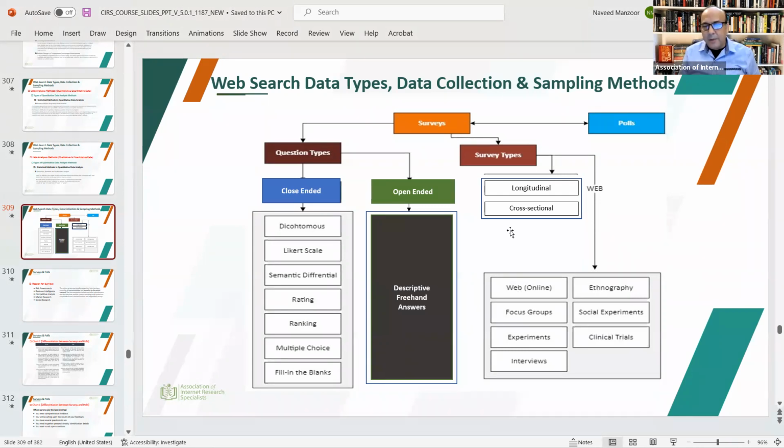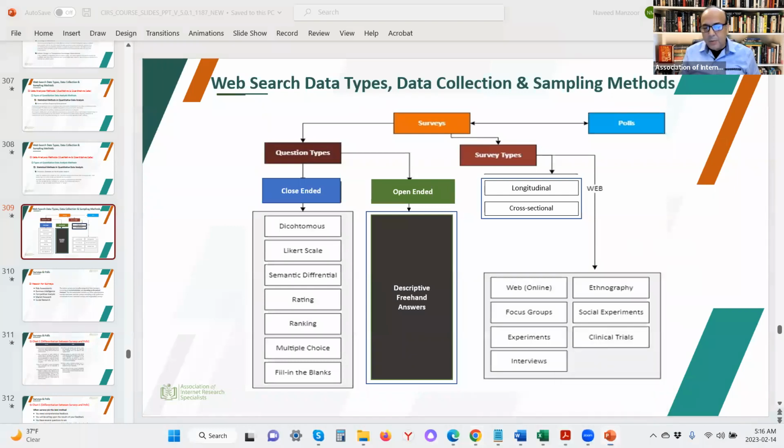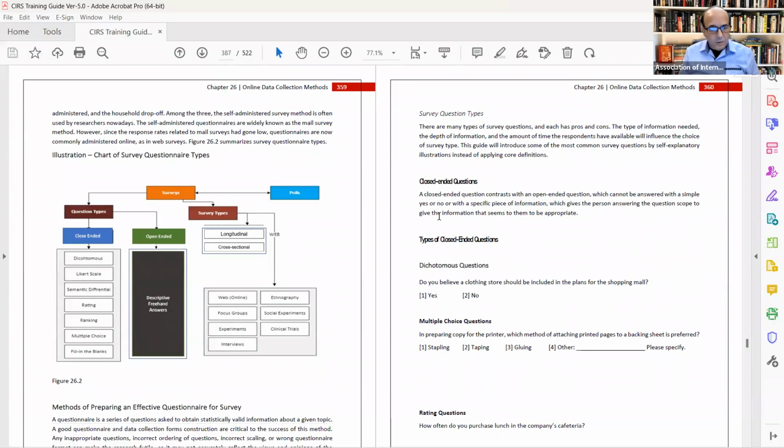So if it is web related, these are the terms we use: focus groups, and there could be a few more that I don't see here. But it's not as important as understanding the types or the objective being longitudinal or cross-sectional. So let's get to the book first and look at these two types.